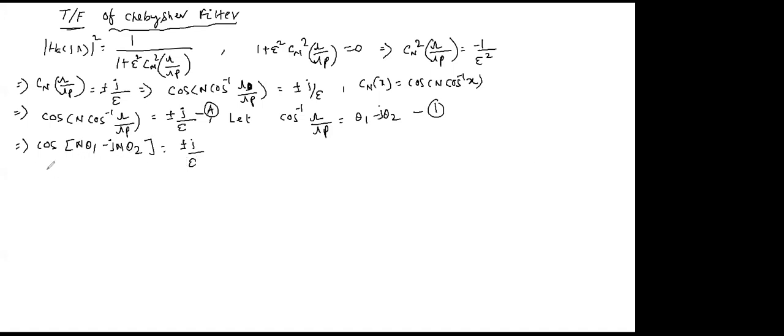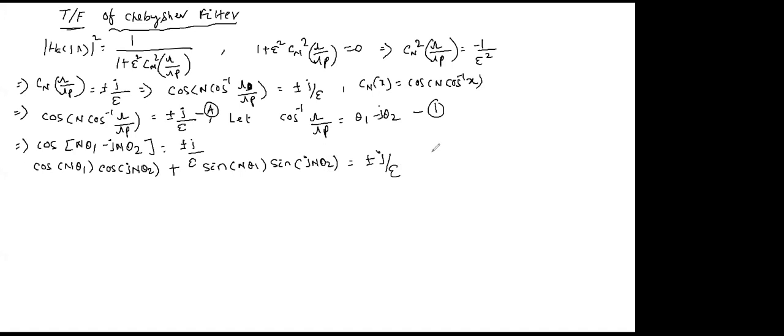Then the cos(A minus B) formula. What is the cos(A minus B) formula? cos A cos B plus sin A sin B. That is cos of nθ1 cos of jnθ2 plus sin of nθ1 sin of jnθ2 equals plus or minus j by epsilon.